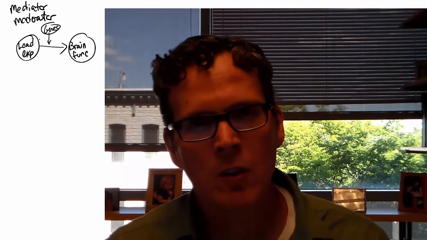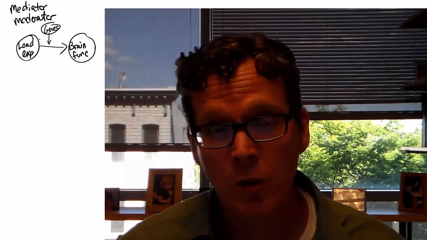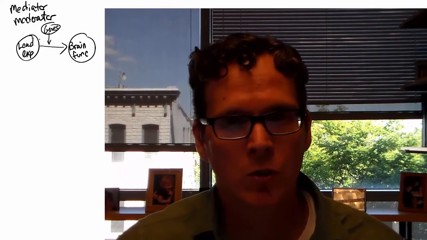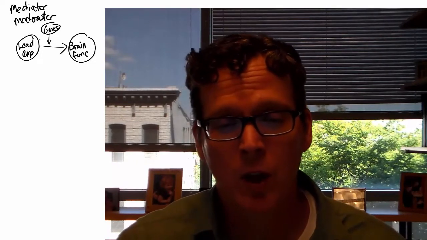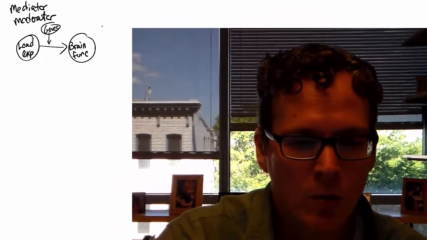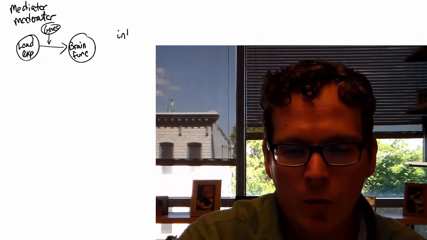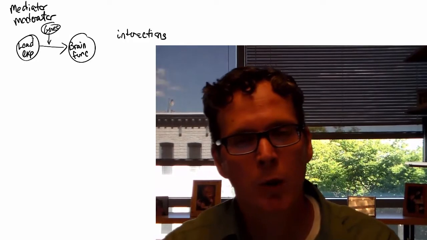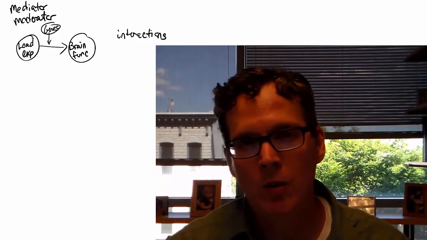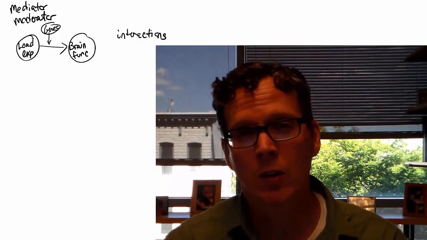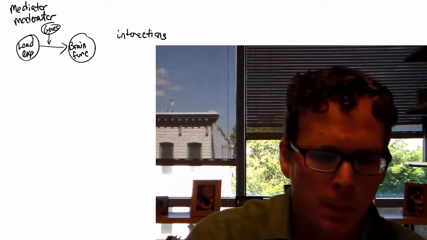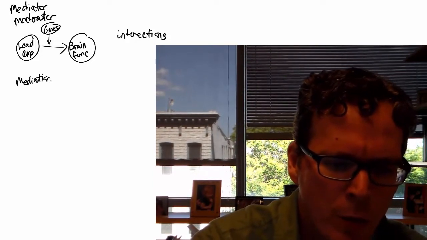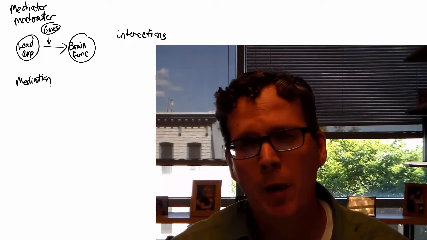Moderation is usually looked at via interactions in regression models, logistic regression or generalized linear models. So if you want a really simple rubric for thinking about moderation, if you're interested in an interaction, then you're really investigating moderation.